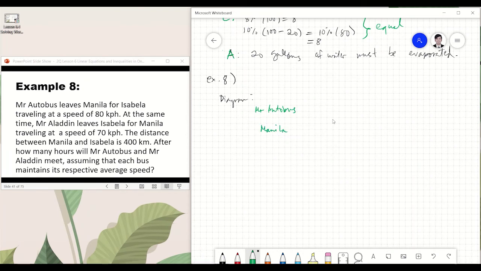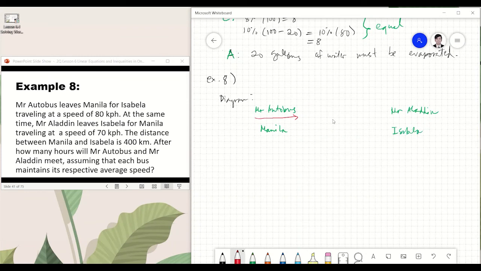So, isipin na lang natin, papunta siya sa right side. And we have as well Mr. Aladdin starting from Isabela.